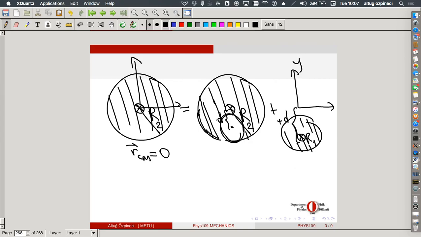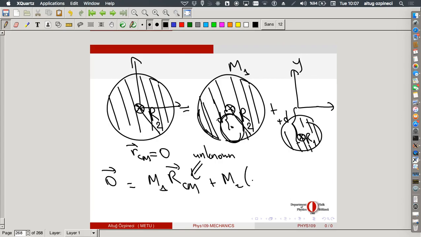So the center of mass of this one is just minus d times what? d times minus y hat. So the zero vector, this is the center of mass of the whole object, is equal to m1, the mass of this one, times our center of mass, which is what we would like to calculate, plus m2 times d in the minus y hat direction.